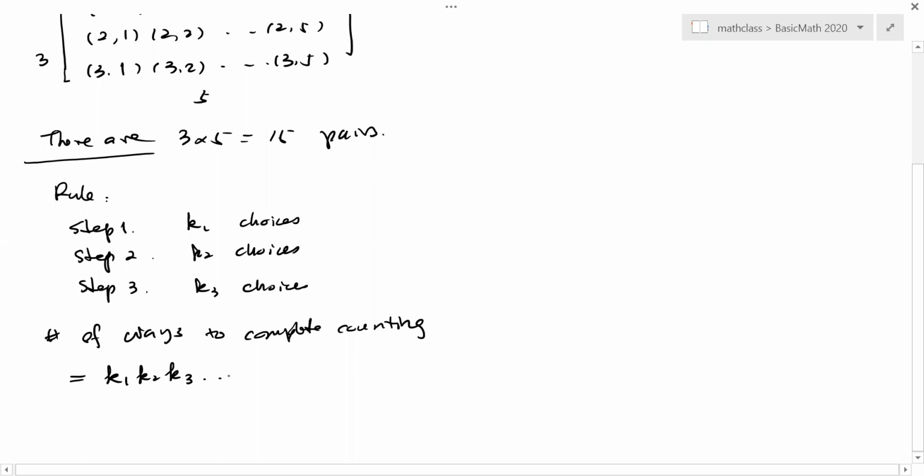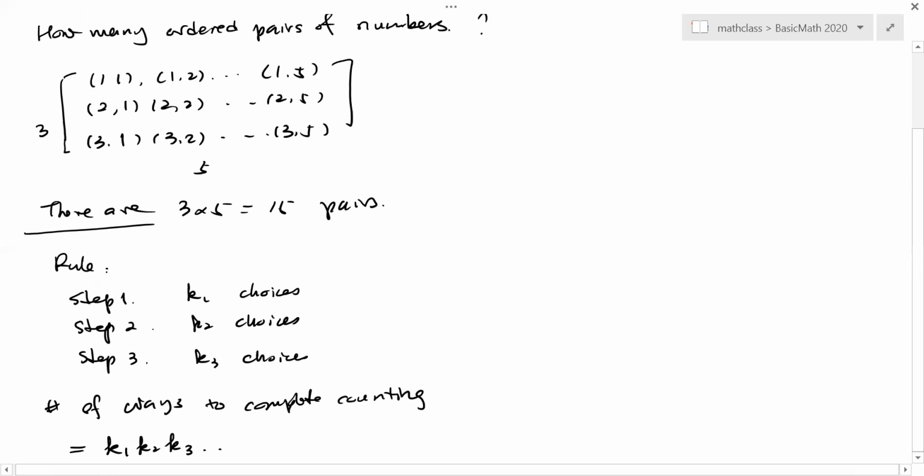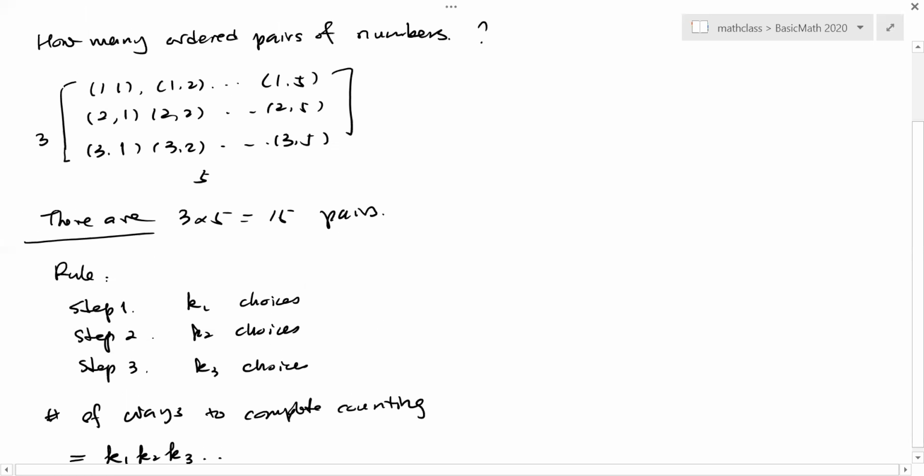The reason it's always a product is that all the steps are different. Each step has different choices. In the first example, when I count all those ordered pairs of numbers, I divide them into steps.